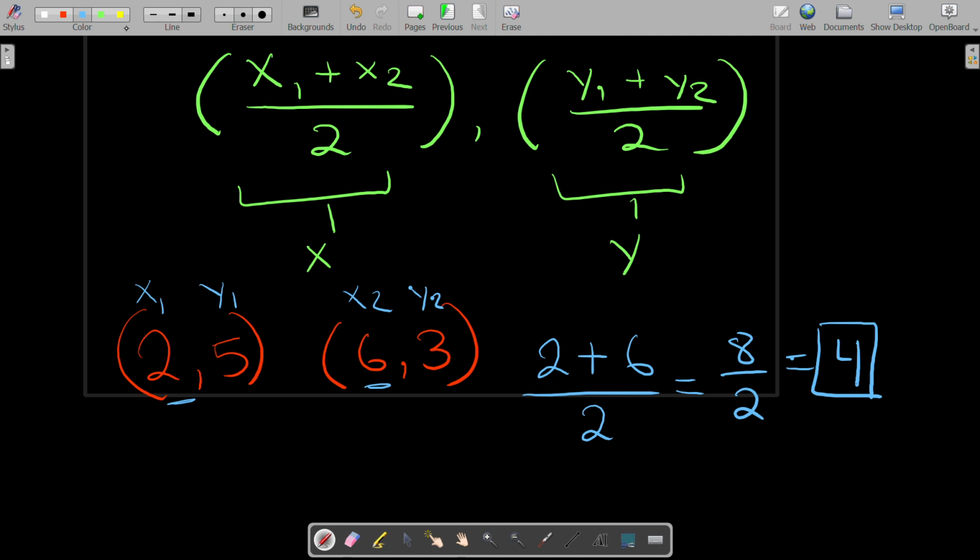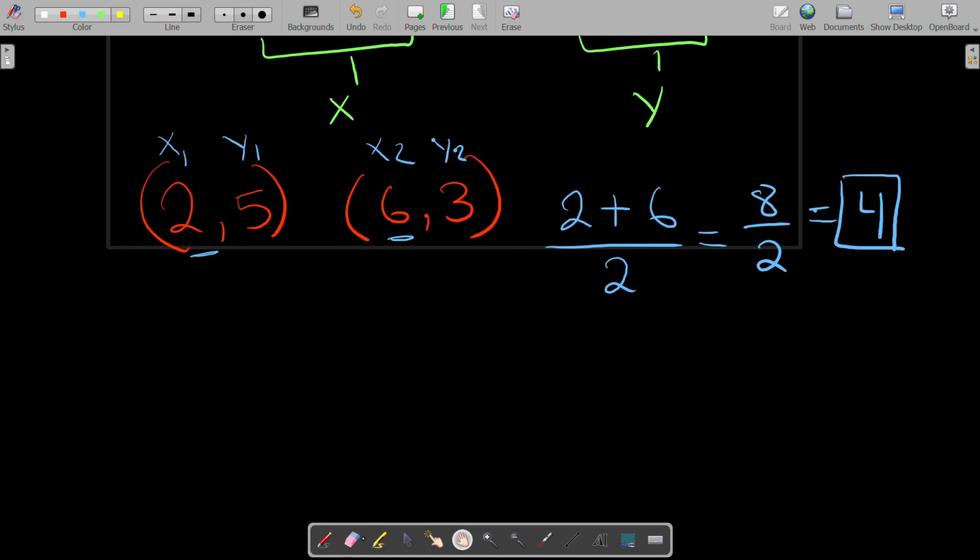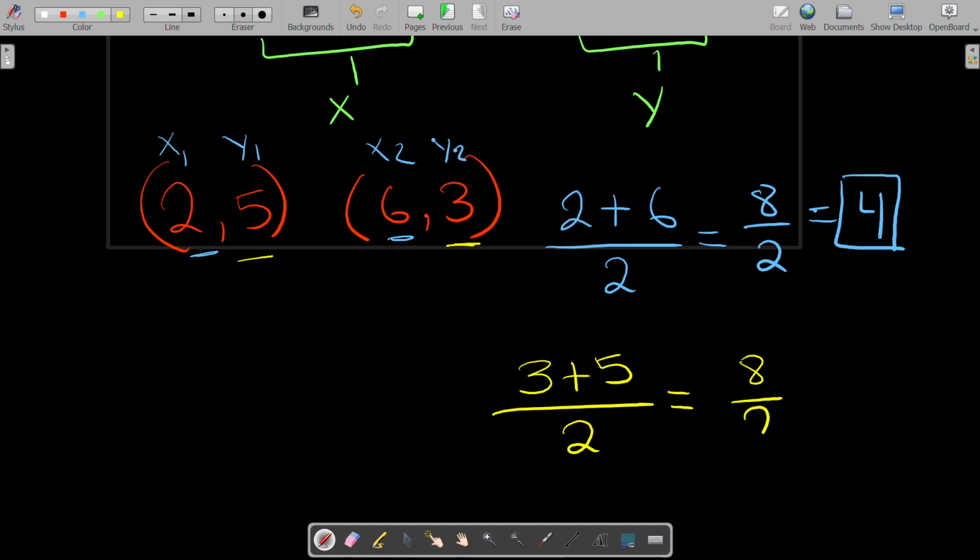Now let's solve for the y-coordinate. The y-coordinate would be these two points right here. We would do 3 plus 5 divided by 2. 3 plus 5 is equal to 8, and 8 divided by 2 is equal to 4.